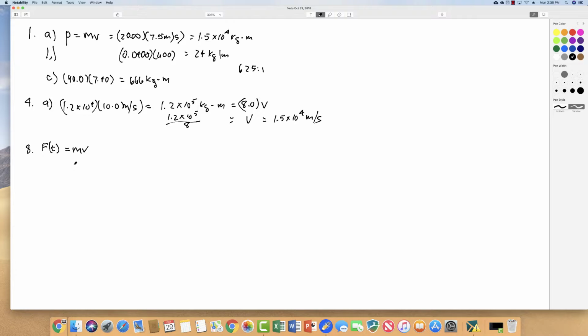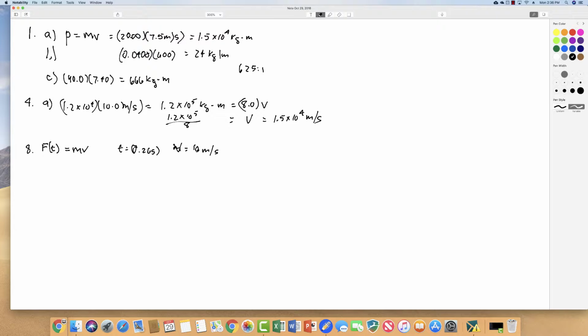A car moving at 10 meters per second crashes into a tree and stops in 0.26 seconds. So t is equal to 0.26 seconds. The car's velocity is 10 meters per second.